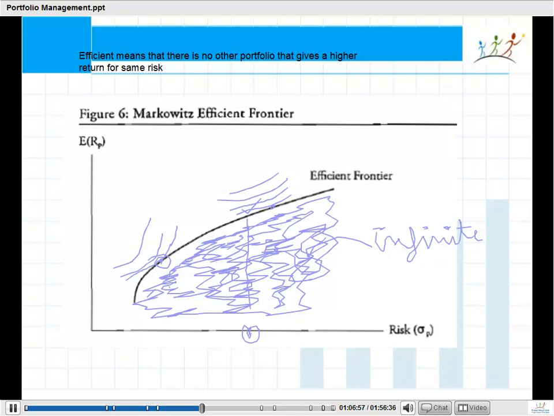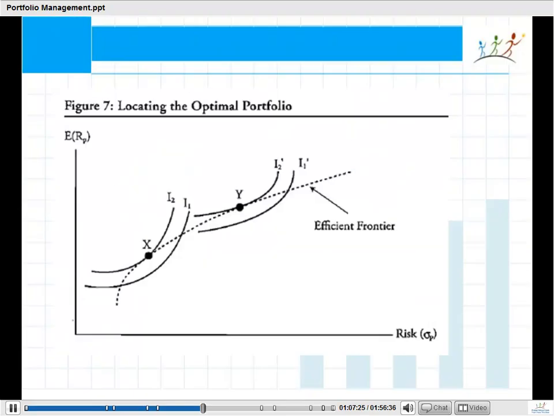So investors will choose the portfolio that is tangent to their indifference curves. For a less risky investor, the tangency portfolio will fall lower down. For a more risk seeking investor, the tangency portfolio will figure higher up. So depending on your personality, depending on whether you are a risk seeking guy or a risk averse guy, will decide which point on the efficient frontier you lie.